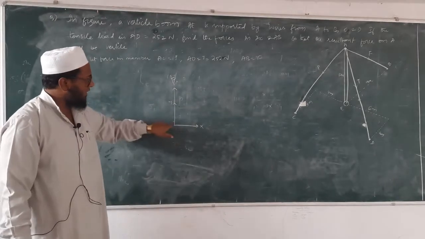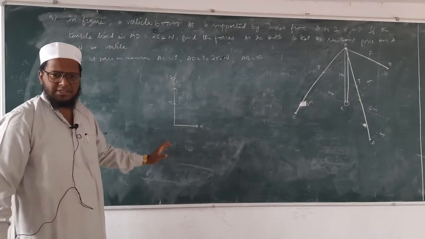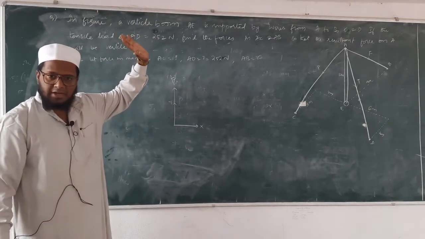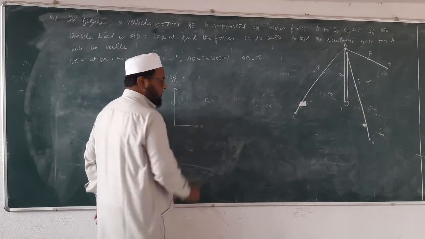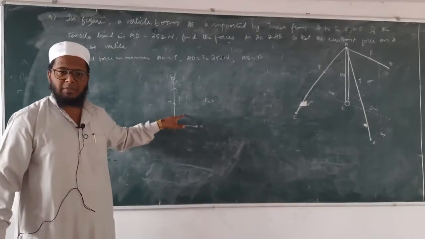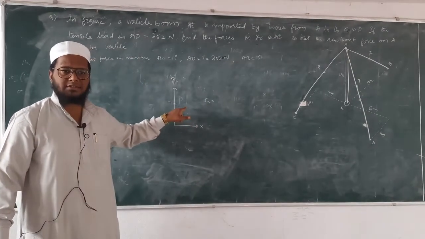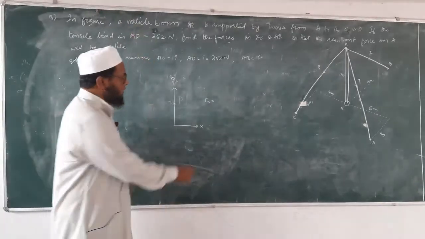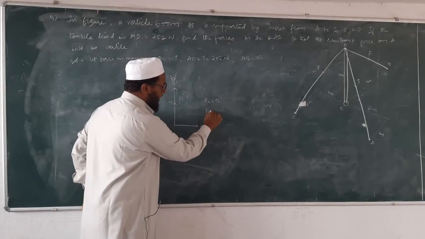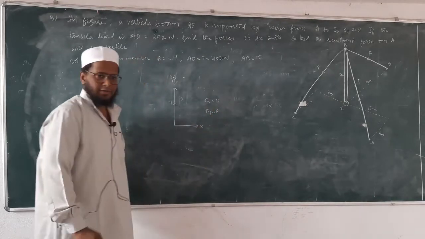Force F is going exactly in vertical direction. So what happens to Fx? The horizontal component will become 0, because the force is going exactly in vertical direction. So Fx will become 0 and Fy will be F, isn't it?